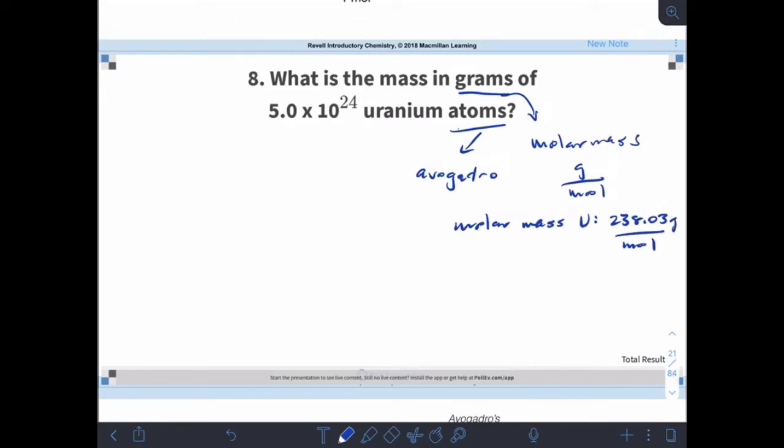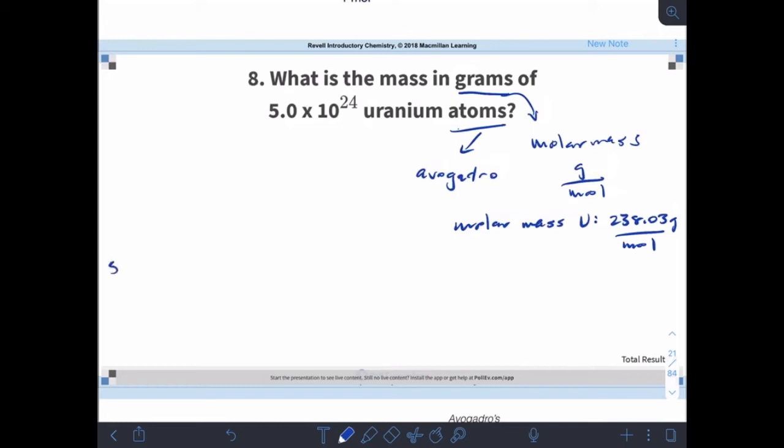And I take that right off of the periodic table. Okay, so first I need to convert to moles before I can use molar mass. Okay, so if I'm starting with atoms, my gateway to molar mass is through moles. So I'm going to use Avogadro to get to moles and then use molar mass.